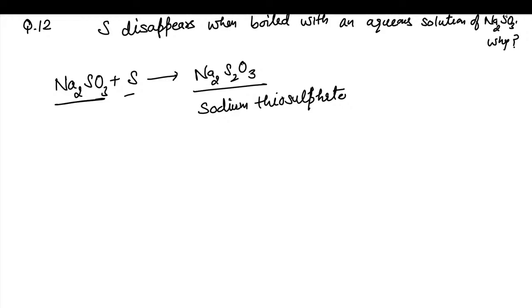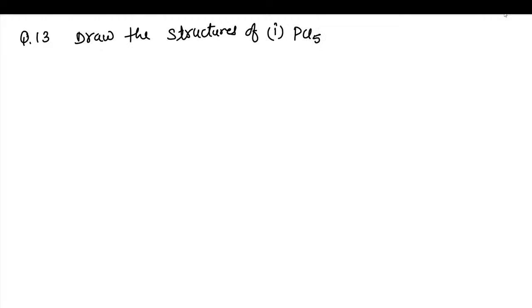Yes, draw the structures of PCl5 and SO3 2 negative. PCl5 and SO3 2 negative. In the gaseous state, PCl5 has a trigonal bipyramidal shape.